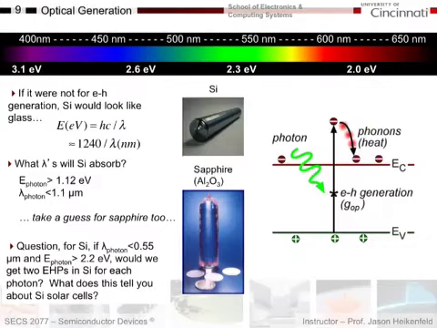So, if it weren't for this optical generation caused by photons being absorbed in silicon, silicon would look like glass. But we know silicon doesn't look like glass. That's because it absorbs visible light, so it looks dark. So what wavelengths of light will silicon absorb?